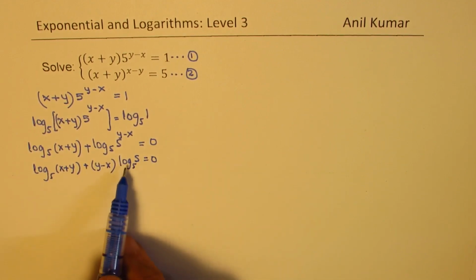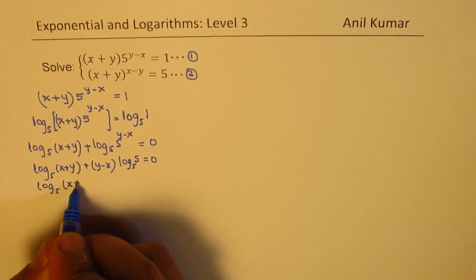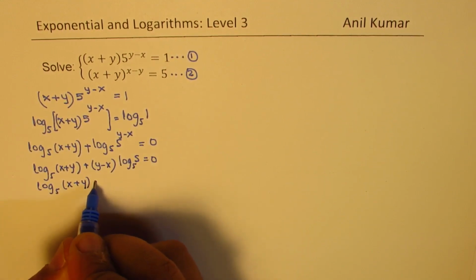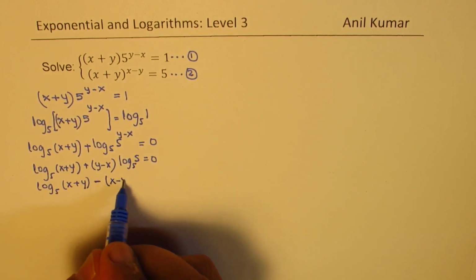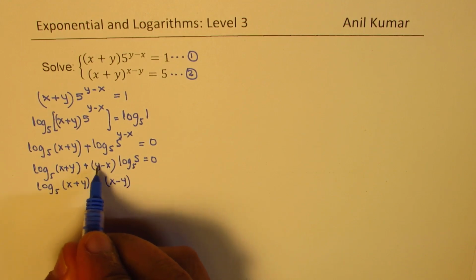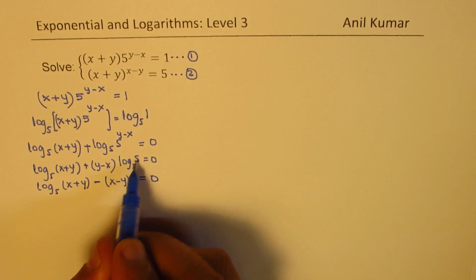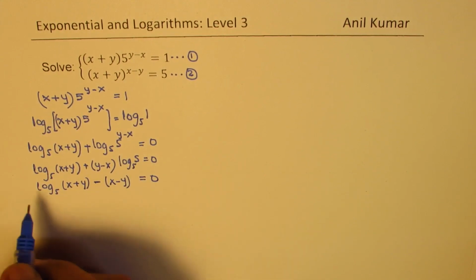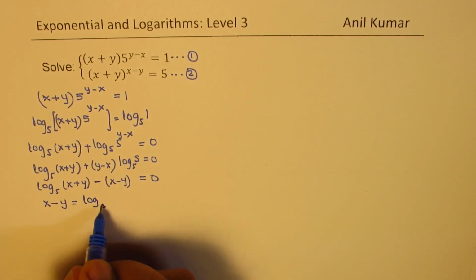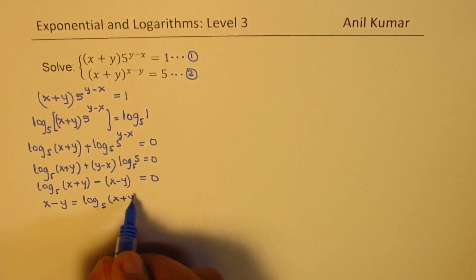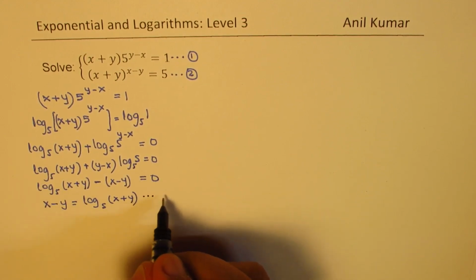Now that is 1. So we get log to the base 5 of (x plus y) minus (x minus y) equals 0, since log to the base 5 of 5 is 1. So that gives you one equation as x minus y equals log to the base 5 of (x plus y), correct? Let's call this our equation number 3.